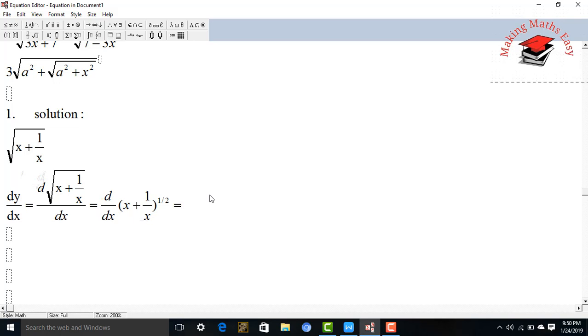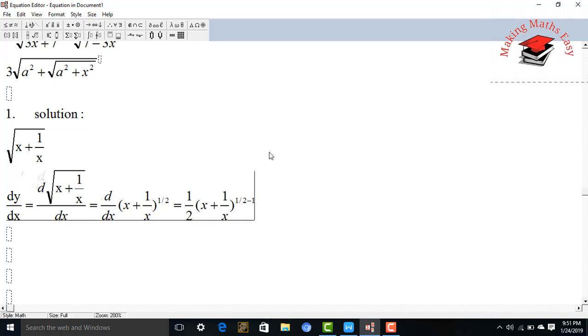Now use the formula n into x raised to n minus 1, as I used in the previous sum. Here the value of n is equal to 1 by 2. So write the value of n, 1 divided by 2, into x plus 1 by x raised to n minus 1. The n minus 1 will be half minus 1, meaning 1 by 2 minus 1.